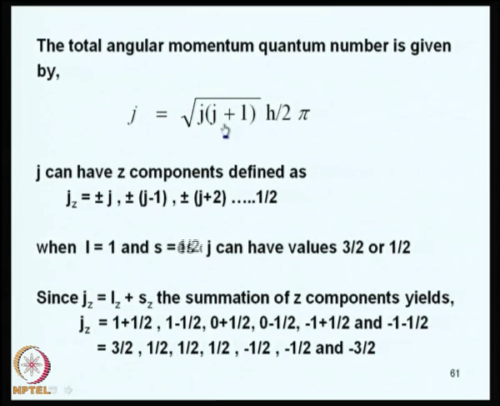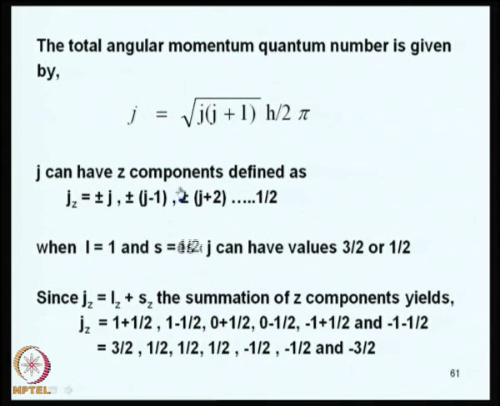For each electron we can have a coupling, and then for J we can have the combined quantum number also. Similarly, for a single electron we write small j, and for the total number of electrons we write capital J.